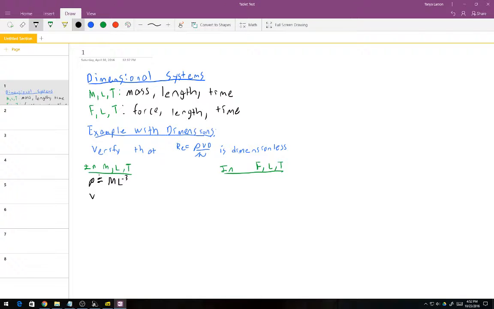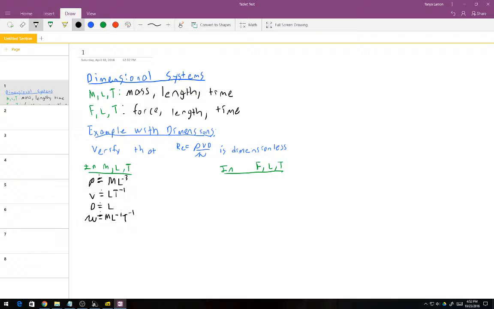V, which is our velocity, is dimensionally equivalent to L T to the negative 1, because this is velocity, which is, for example, meters per second, so a unit of length over a unit of time. Diameter is dimensionally equivalent to simply length, and mu, our viscosity, is dimensionally equivalent to M L to the negative 1 T to the negative 1.